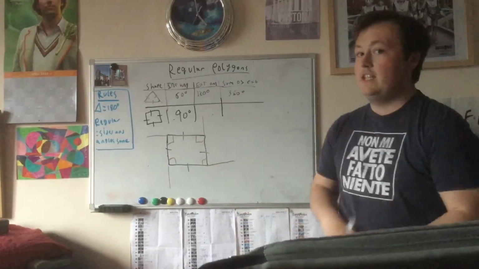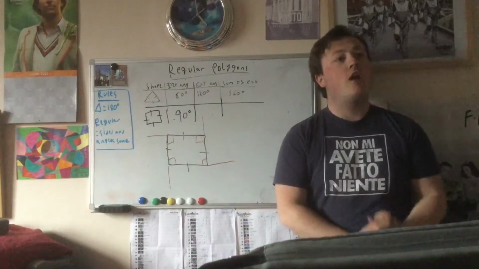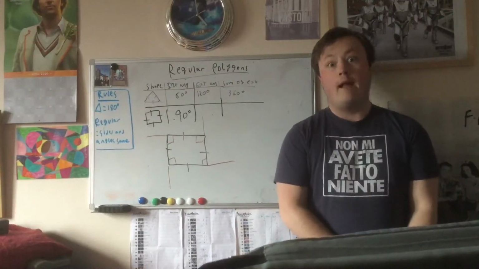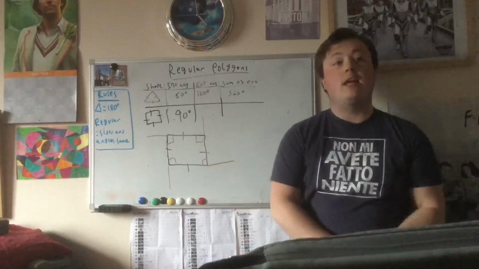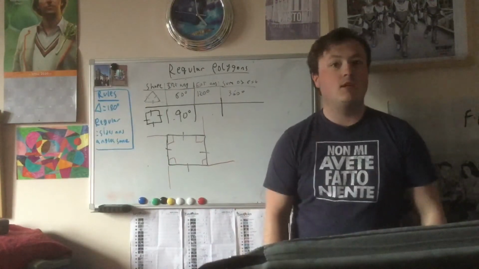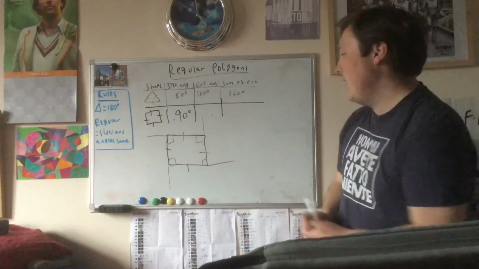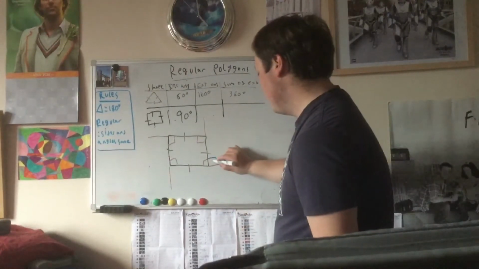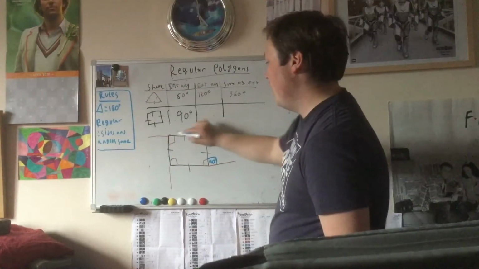No, not time for singing, time to do mathsing. Sorry. So, how do we find our exterior angle? Well, what we do is we know this makes a straight line. The interior angle is 90 degrees, so we take 90 degrees away from 180, and that will get us our exterior angle, which is 90 degrees, and that will be for all 4 of them.